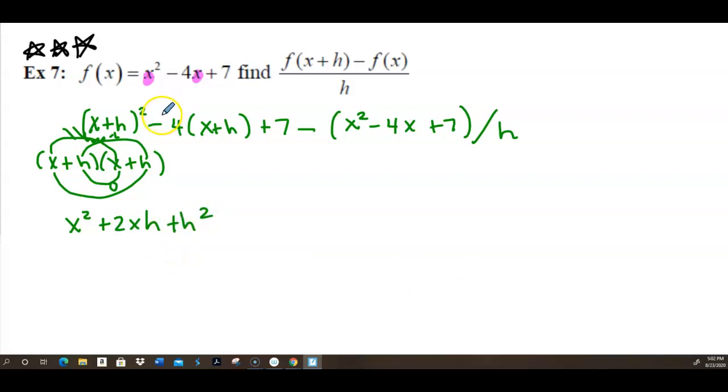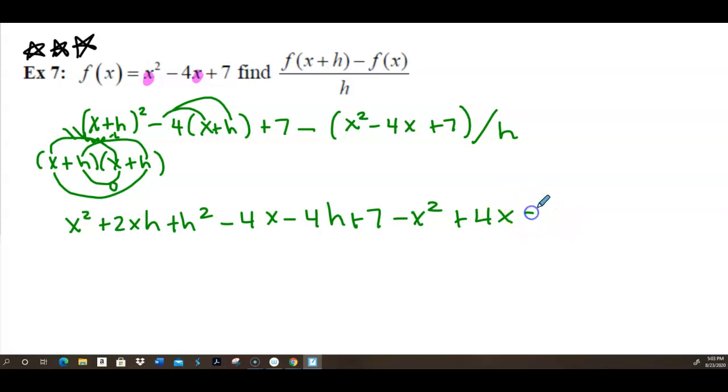And then take the subtract 4 and distribute it. So negative 4x and negative 4h plus 7. And then you're going to have subtract x squared plus 4x and subtract 7, all over h.